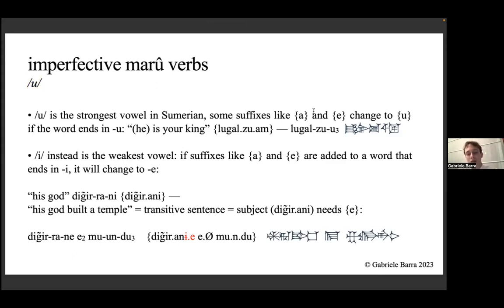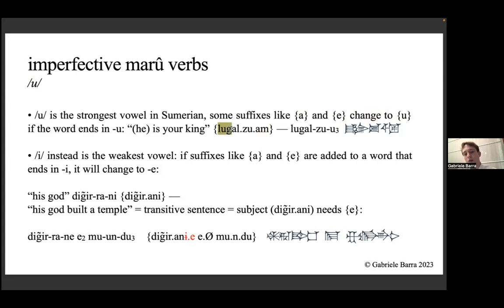Sometimes when you have a suffix like a or e, a grammatical case, they change to U, if the word ends in U. We haven't seen the copula, the verb to be, yet, but the verb to be in the third person would be with the initial a.